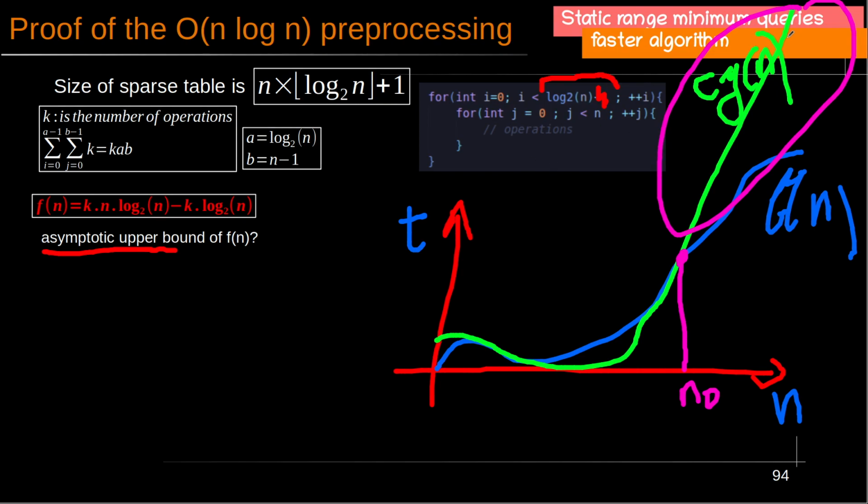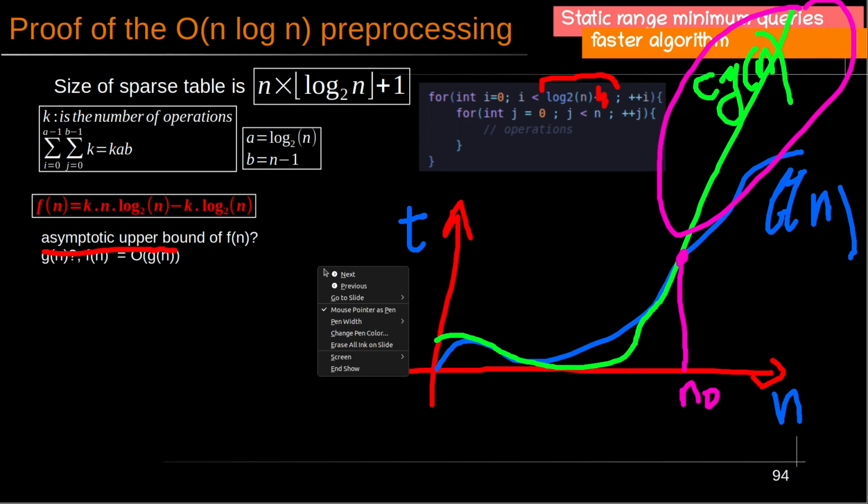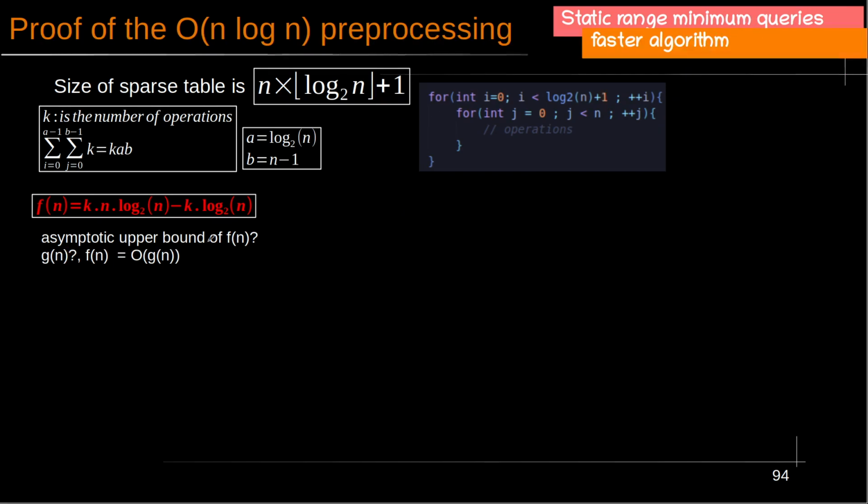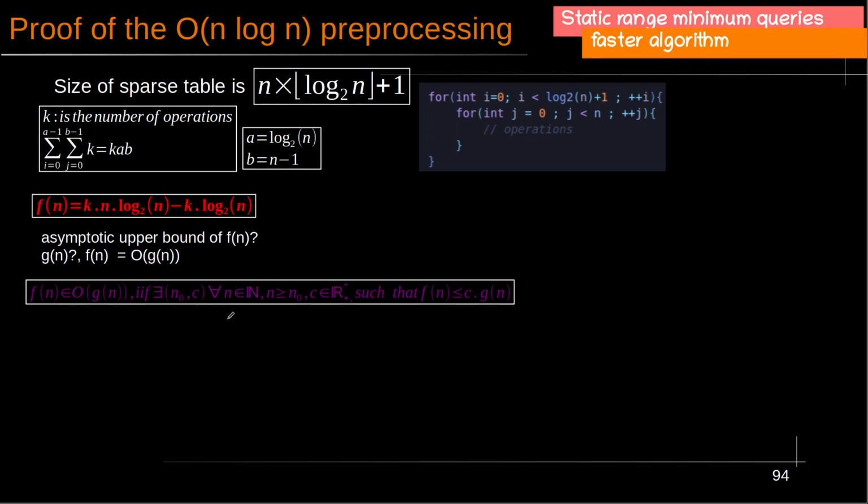gn is the time complexity. We call this gn the function that represents the big O. Inside the big O, we have to find gn such that fn is big O of gn. So we have to find this.